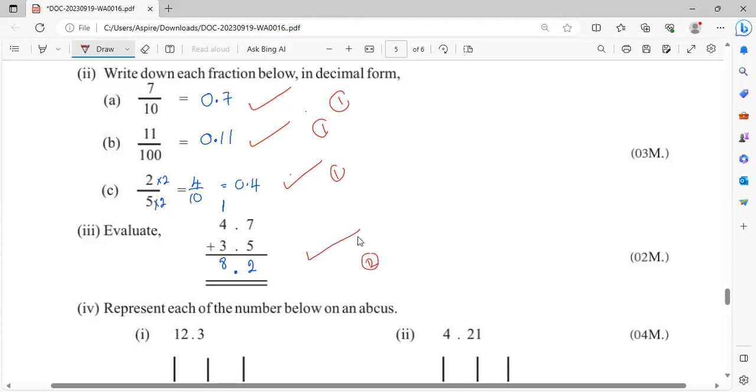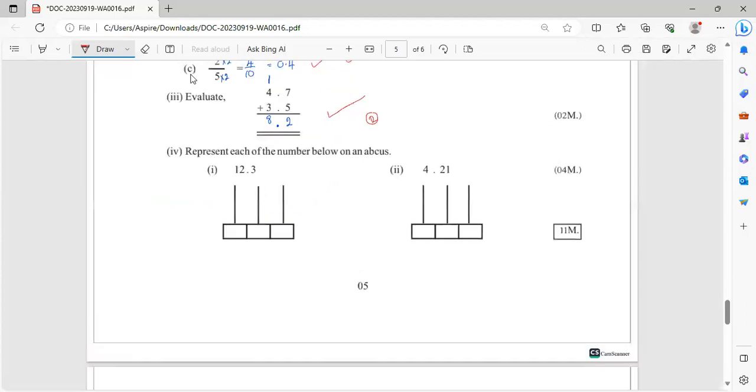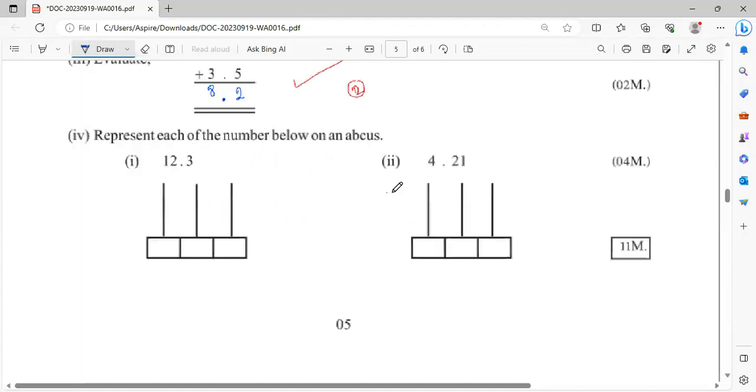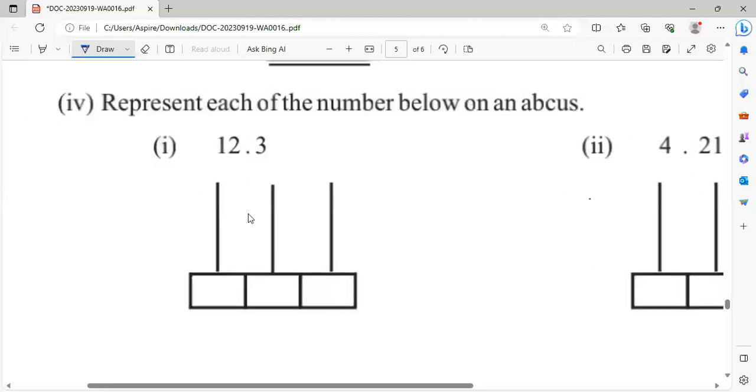2 marks are given. Represent each of the numbers below on an abacus. When you represent decimal numbers on an abacus, you have to consider the place values. Here look at 12.3. That means the last rod should represent the first decimal place, that means 1 over 10.